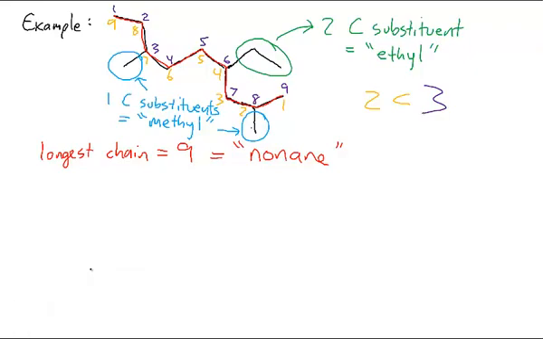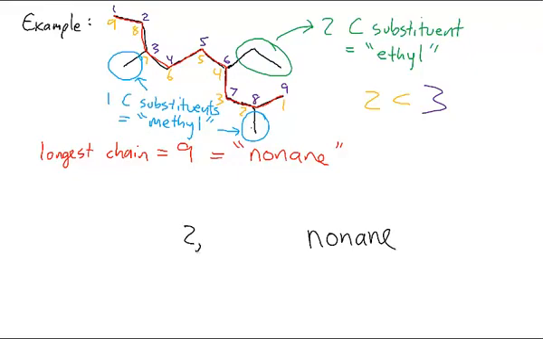So in the end, now I'm going to name it by listing my substituents and then putting nonane at the end. So I know the end of the name is nonane. I have an ethyl group and 2 methyl groups. I'm going to put the 2 methyl groups together and call it dimethyl. And they're on carbons 2 and 7.